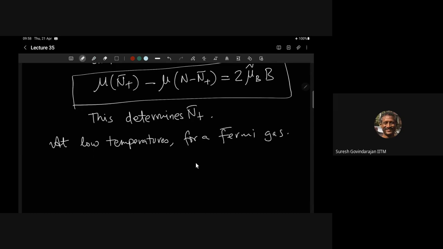We had this formula which said mu of n is equal to... I'll write something, and we also worked this out, with pi squared upon 12.